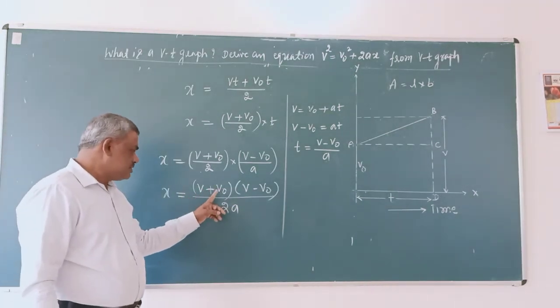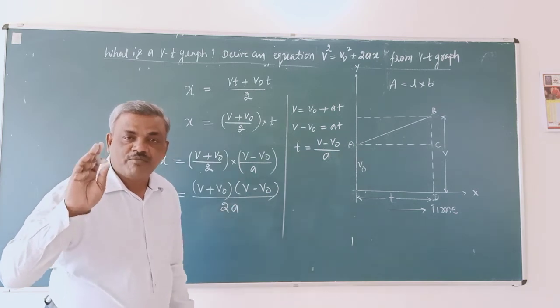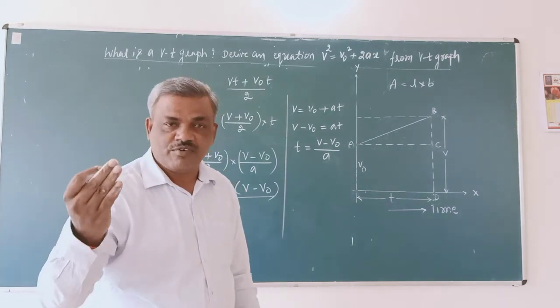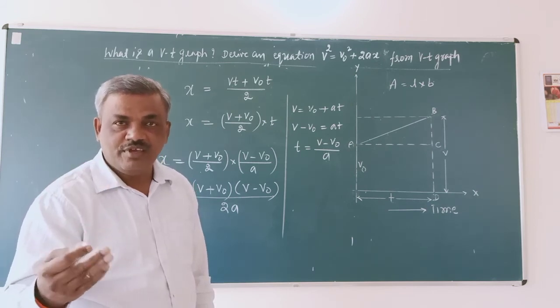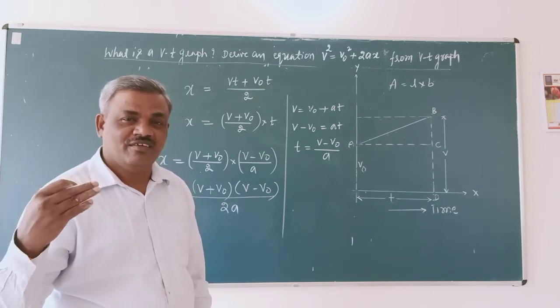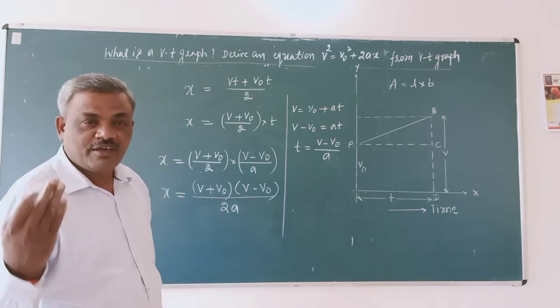So here V plus V naught, V minus V naught, in the mathematics formula a square minus b square equal to what? a plus b into a minus b.